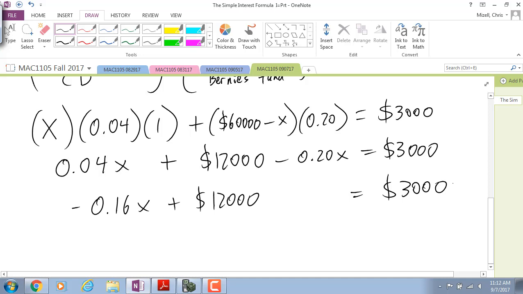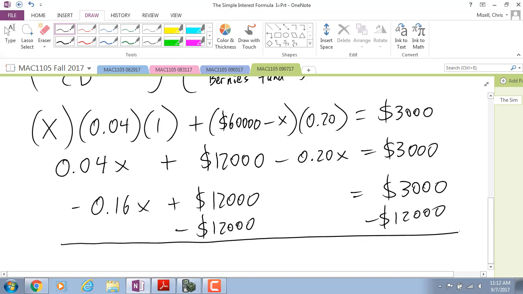Okay, there's one x term. It's on the left. Ideally, and certainly, we have to have that x term all by itself on the left. So let's subtract $12,000 from both sides. And I'm hanging on to the dollar sign here. Final answer x is going to be a dollar amount, the amount of money that she's going to invest in the CD.